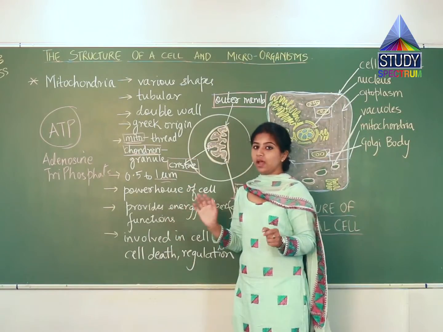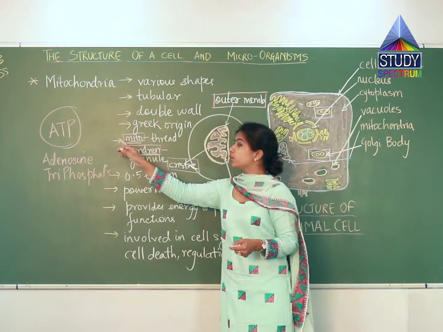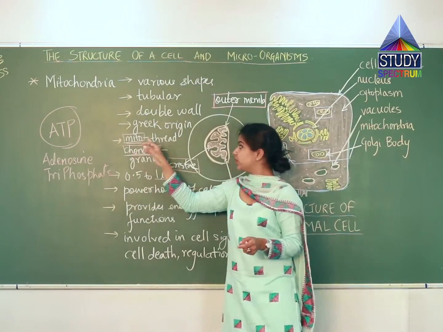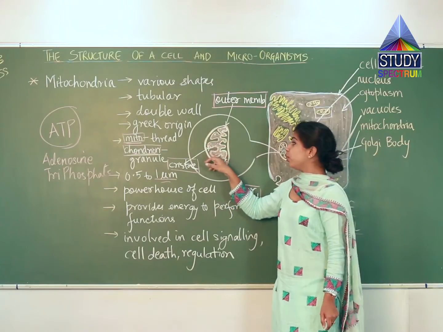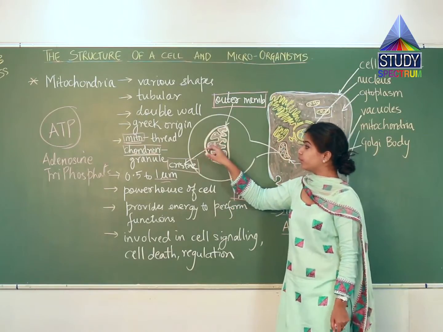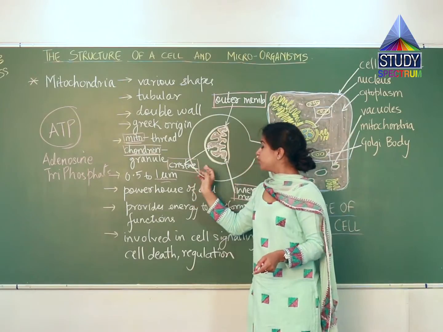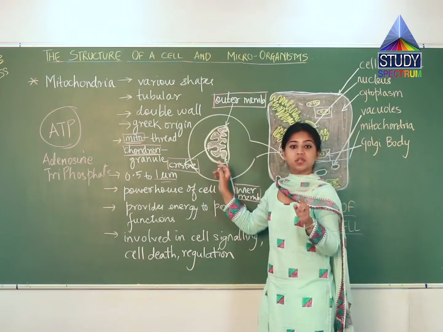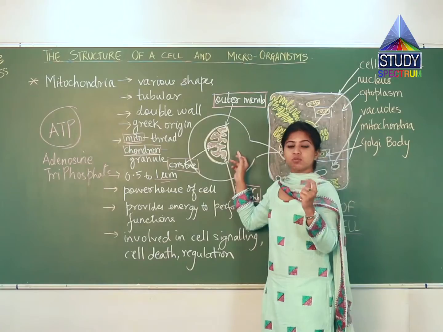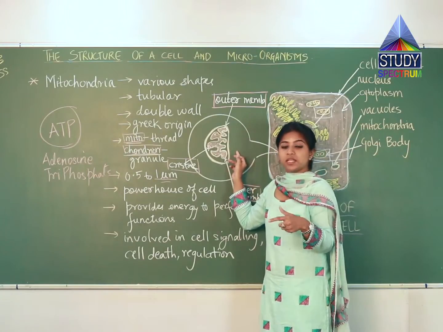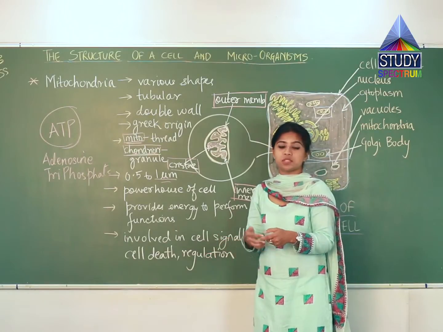Now I'll just give you a gist about mitochondria again. How we started off was with the mitochondria having the outer and the inner membrane. And on the folds of the inner membrane, you could find small structures that would be cristae. Now, the mitochondria ranges in size from 0.5 to 1 μm. So, even if it is so small in size, you can understand that it is a powerhouse of the cell. Why is it the powerhouse of the cell?